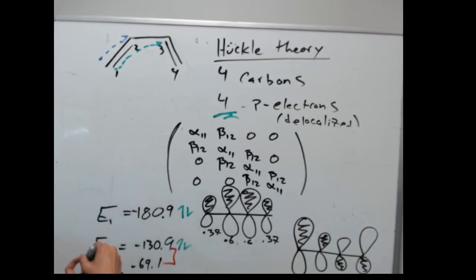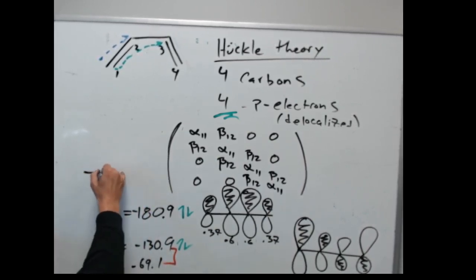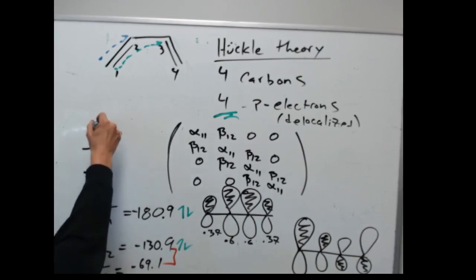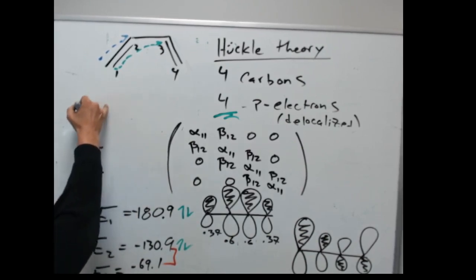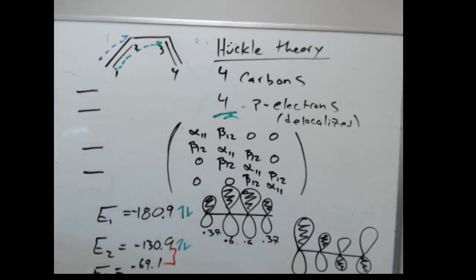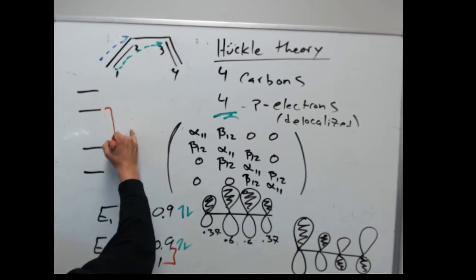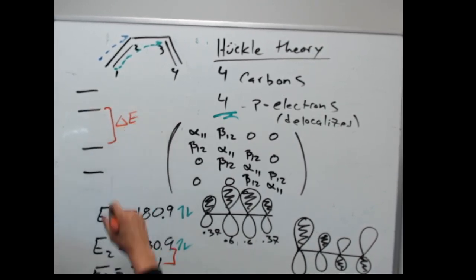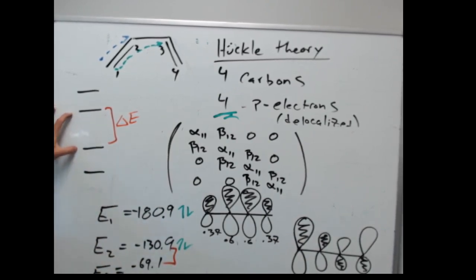So if I wrote this out, the way that this looks is I have like a negative 180, a negative 130, and then a pretty big jump up to negative 69, and then negative 19. And the only thing that I'm looking for is the gap here, that delta E. Essentially what I'm looking for is what wavelength would it take to promote an electron.